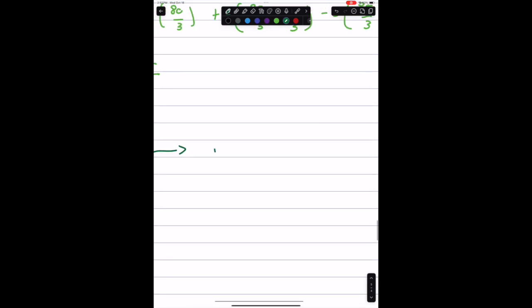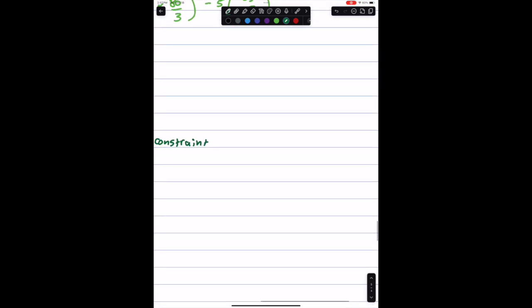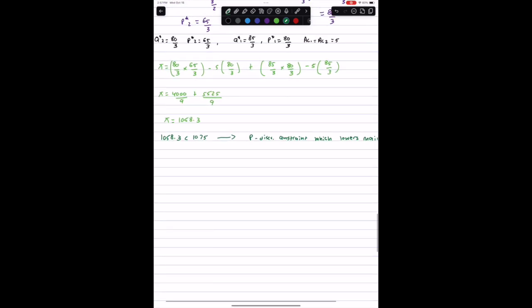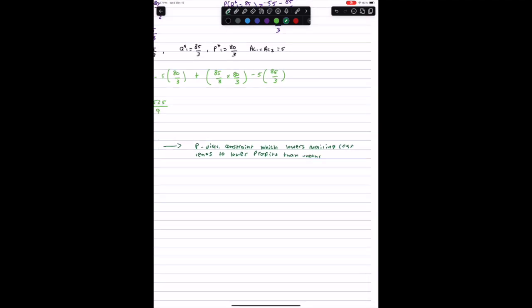And we can say that a price discrimination constraint which lowers mailing cost leads to lower profits than unconstrained price discrimination. And this just makes sense. The more power the consumer has, the less power the monopoly has, and their profits should decrease.